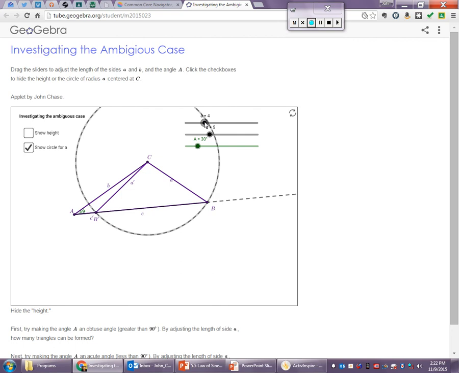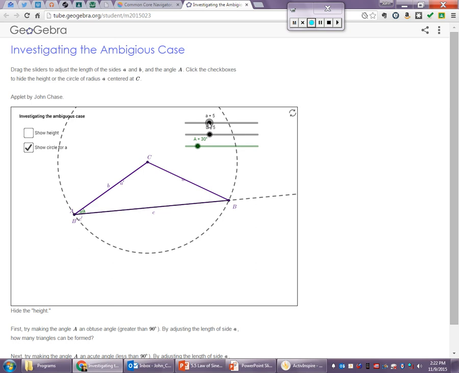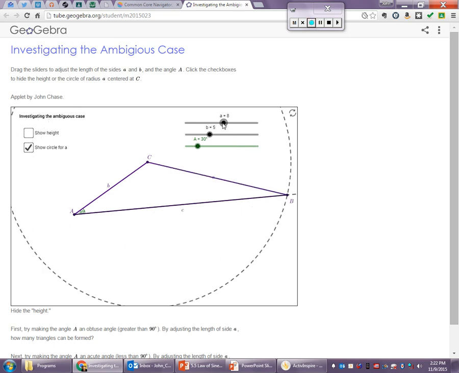There'll only be 1 triangle. Let's see if that's true. All right, they're equal, and there's only 1 triangle. The other triangle is like this degenerate one. So now we have A equals something bigger. Make sense? So only 1 triangle there.